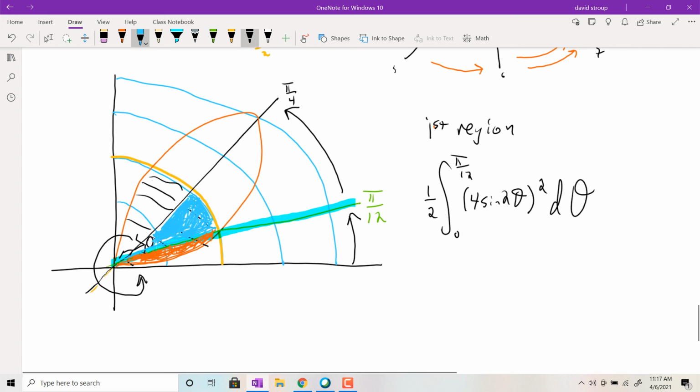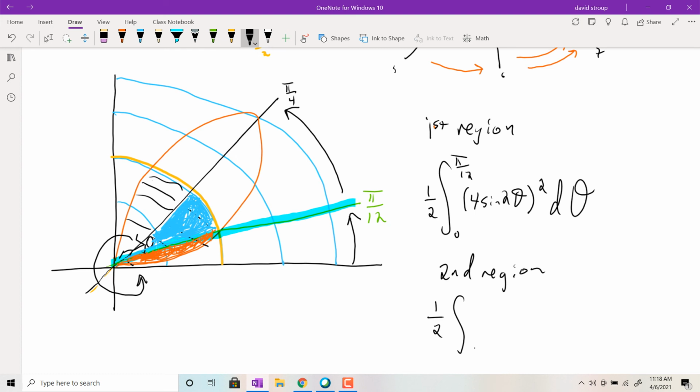So for the second region, we're going to use 1/2 integral from pi over 12 to pi over 4. And the r of theta, the f of theta is 2 in that case, so just 2 squared d theta.